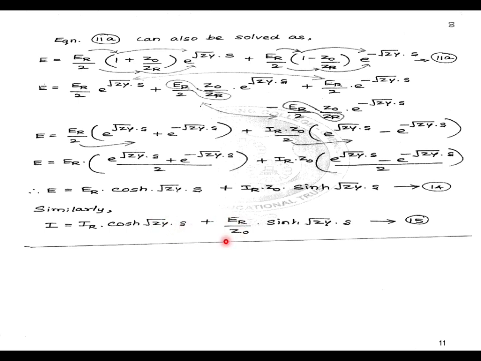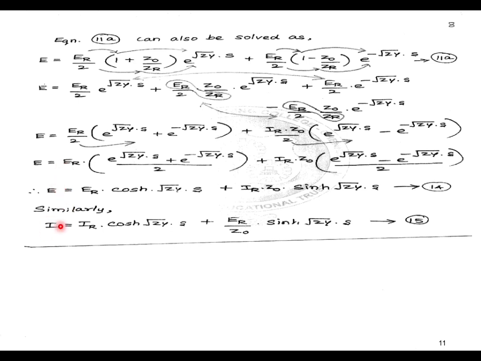So E equal to ER into cosh theta, where theta is root of ZY into S, plus IR Z0 into sinh. Likewise, for sinh, the formula is e power theta minus e power minus theta divided by 2.